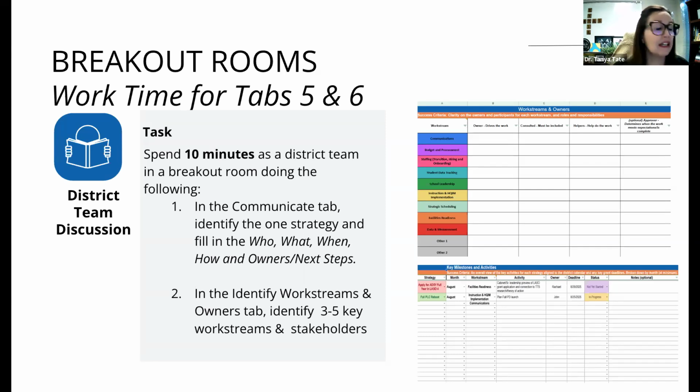I think it'll be muddy for us if those plans are there and it's not separated out by strategy, and then it will be harder for us to track it. So that's what we would like to do on that tab.